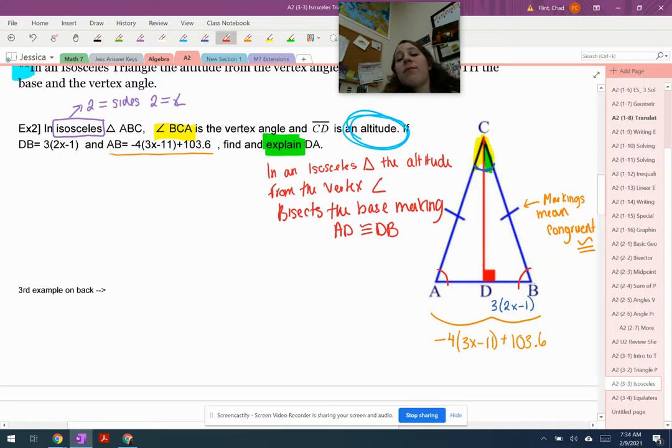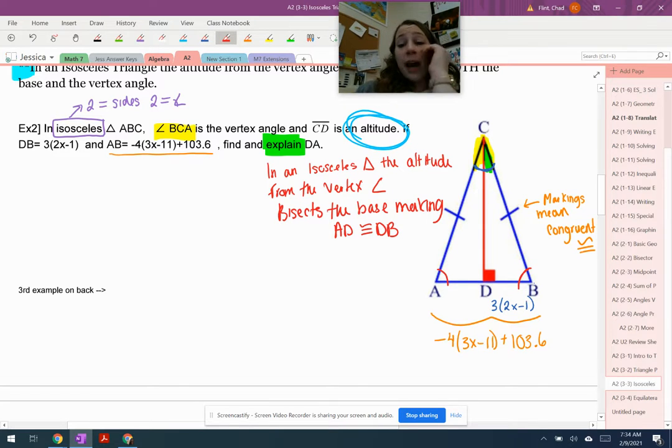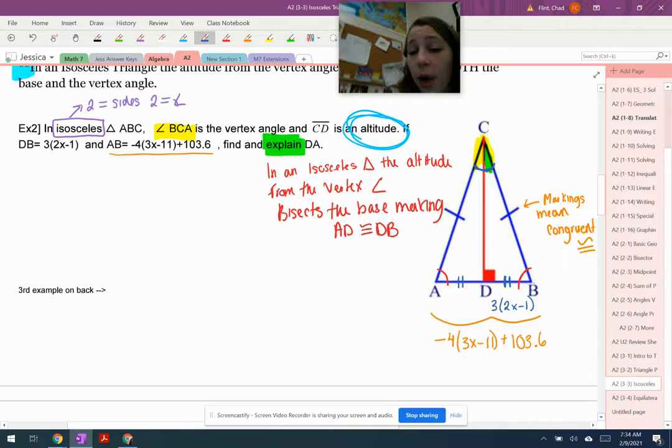Which means, so that still doesn't quite help me all the way yet because I don't have enough to make an equation yet. They give me the whole thing and they give me this little piece. We now know that these little pieces are equal to each other. So I can label AD with that same expression that I'm labeling DB.